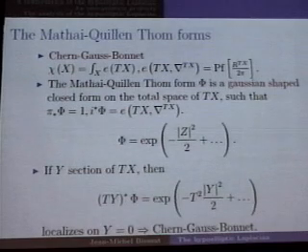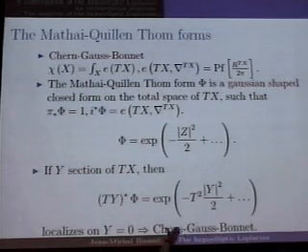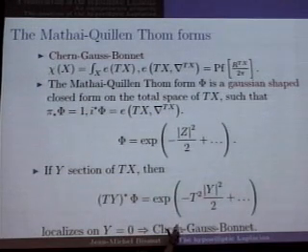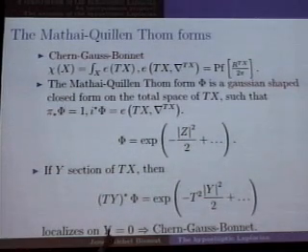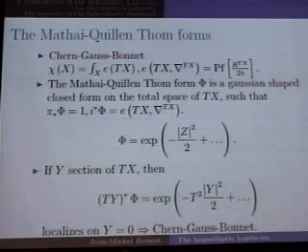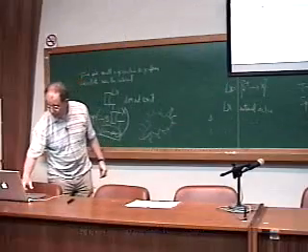You see that when t is equal to 0, we just recover the form 1. But when t tends to infinity, this form localizes on the zero set of the section Y. So you do have this interpolation mechanism. Actually, what you can show is that as a current, it concentrates on the current localized at the zero set of the section Y, and so it gives you a proof of Chern-Gauss-Bonnet.